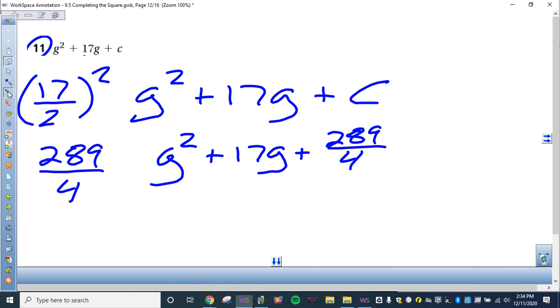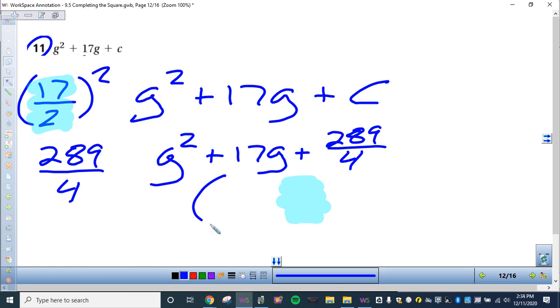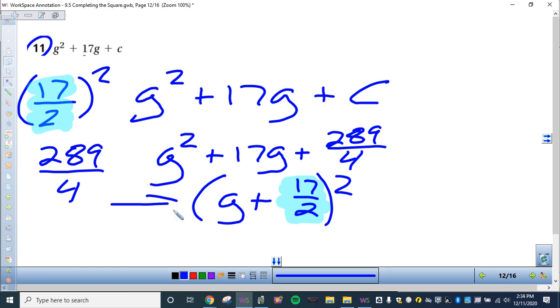And remember that 17 halves is going to repeat right there. And you're done right there. So c equals 289 over 4, and then when you factor it into a binomial squared, that's what you get.